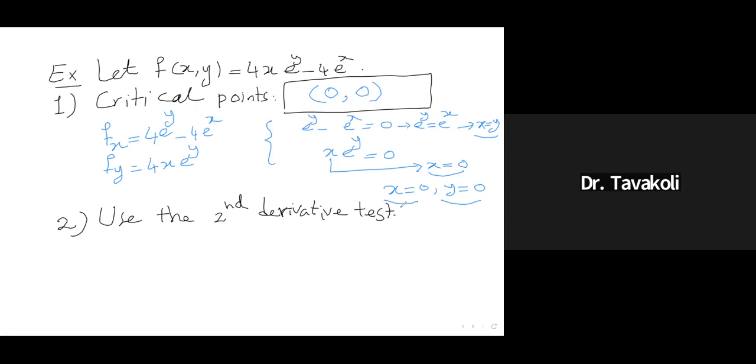So again, I need to form this function of x and y that is defined by the second derivative with respect to x, times the second derivative with respect to y, minus the second mixed derivative squared.